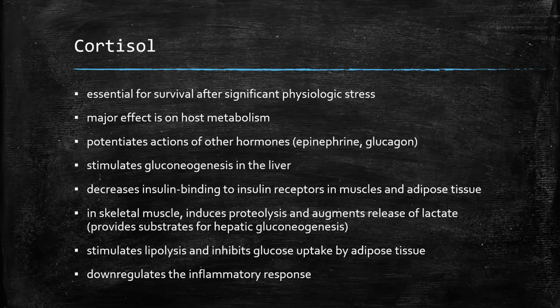And it might seem a bit paradoxical, since there's an inflammatory response to injury, why cortisol would downregulate this. But just like your car has a gas pedal and a brake, your body's response to injury has to have a similar kind of mechanism. Unregulated inflammation will be bad for the host.